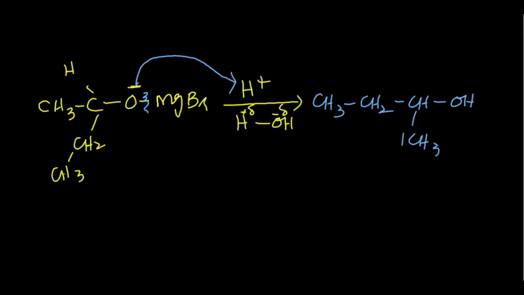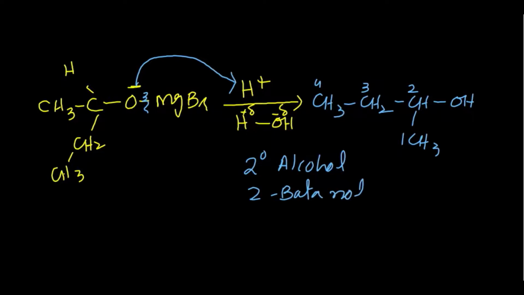Now students, you can notice what is the nature of this alcohol. Since the hydroxyl group is attached to a secondary carbon, this is a secondary alcohol. What is the name of this alcohol, students? It is 2-butanol, since there are 4 carbon atoms. So this is secondary alcohol, right? Here we can write the secondary alcohol. Which secondary alcohol is formed, students? It is 2-butanol.